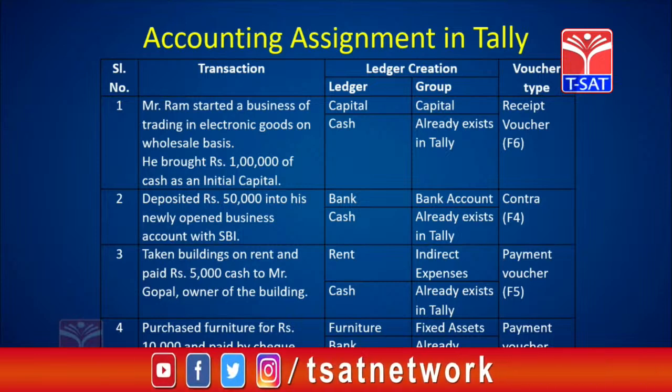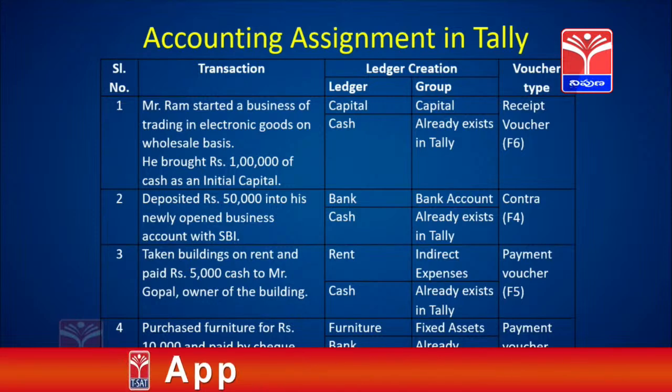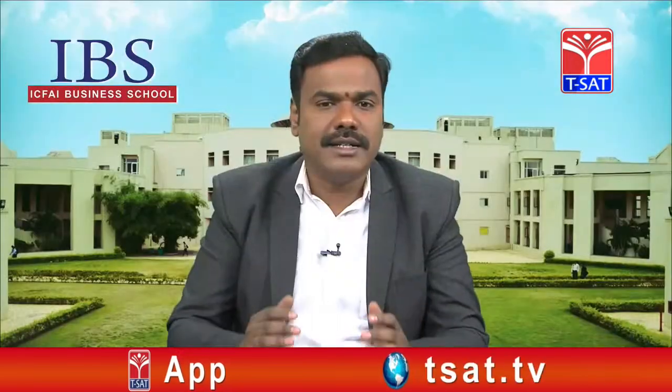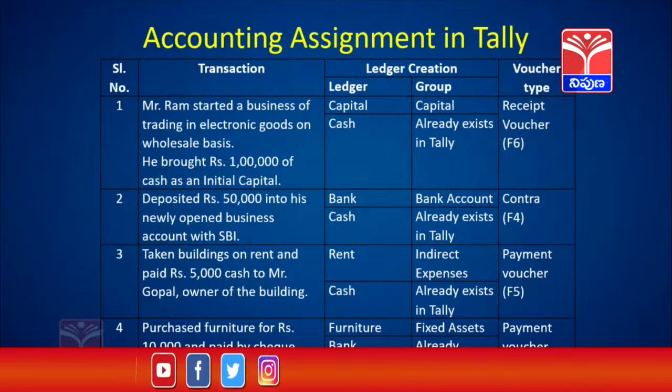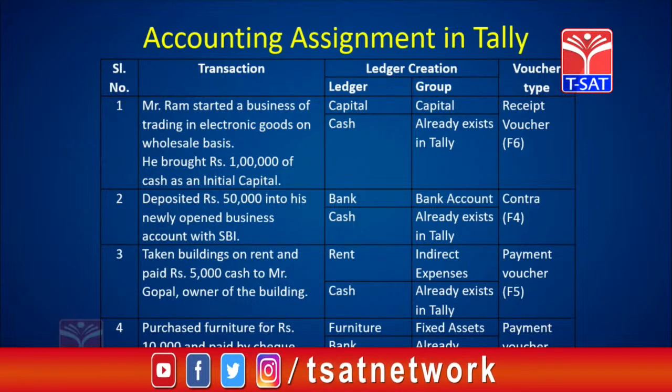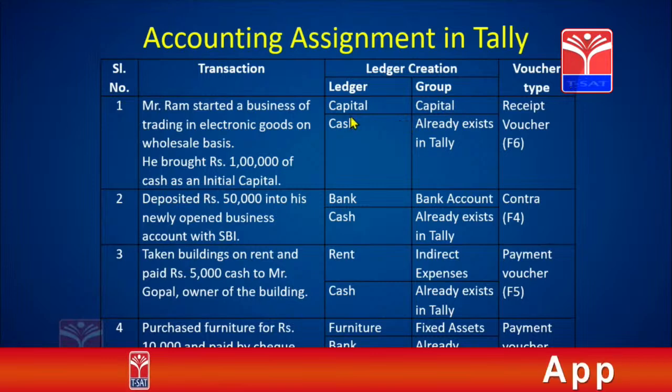To enter this transaction, we have to create ledgers. As I told, any transaction requires a ledger. Here we can identify 2 ledgers, one is capital, the other one is cash. To create a ledger, we have to select an appropriate group. Here the capital is created under capital account.